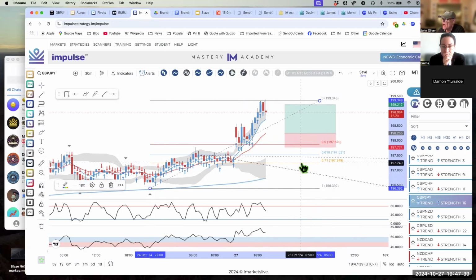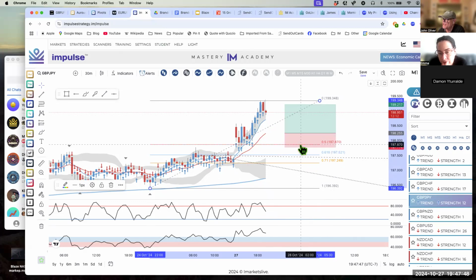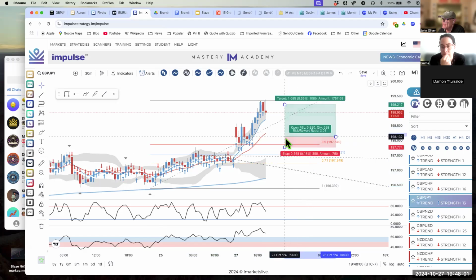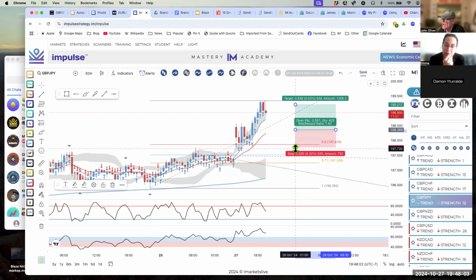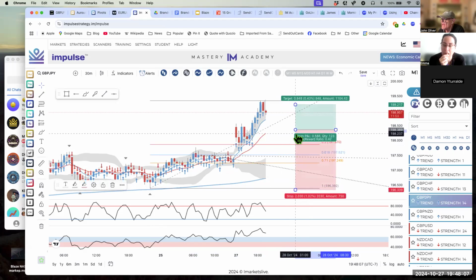In my case, what I will be doing is, if it does come down and breaks through this entry and carries on going, it's going to hit my stop loss and get out. But I will redraw this on here and then put another pending order down here. So this would move down to about there.